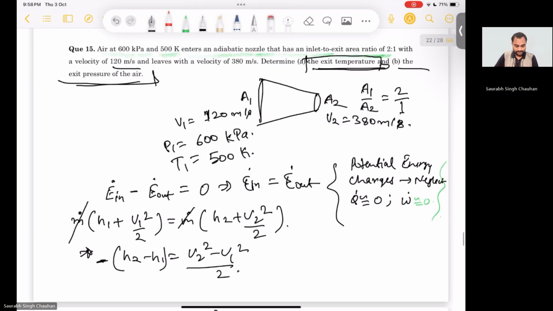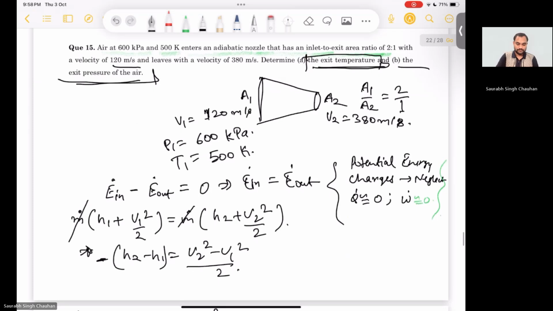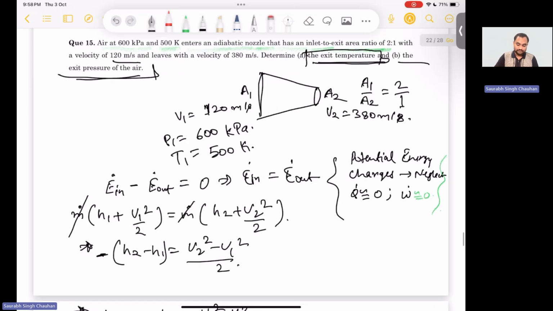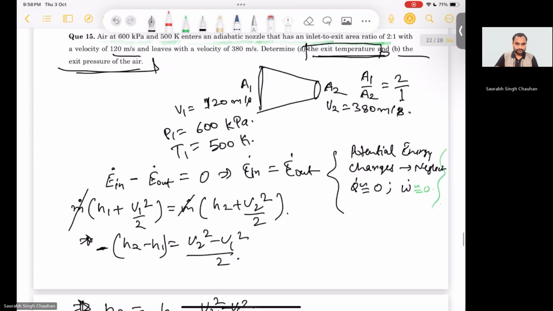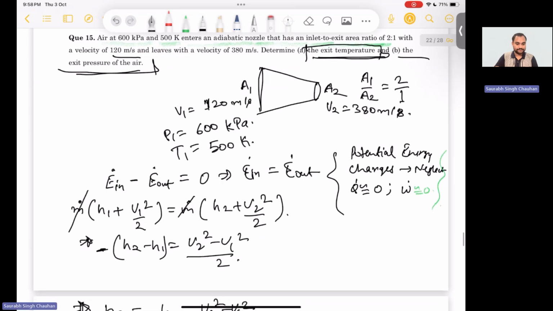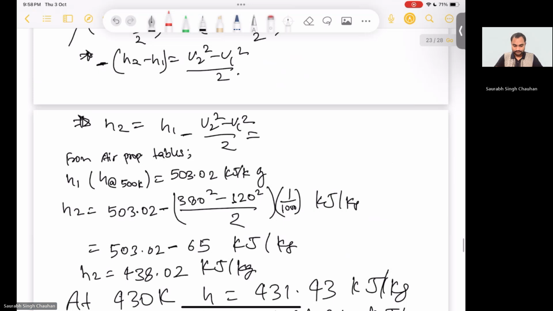In the exam, either these tables are usually given or the required values at these points are given in the question itself. So I hope this question is clear, and let's move to the next question.